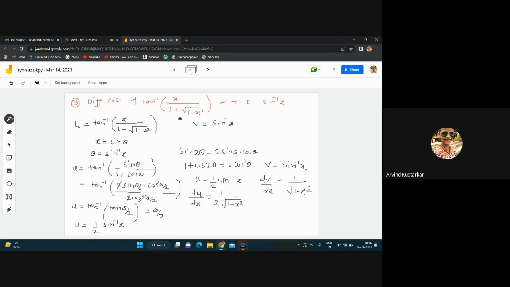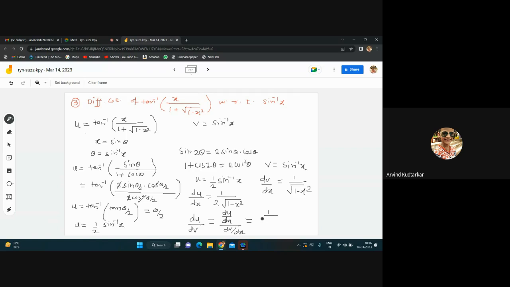But from that example, differentiating u with respect to v means du by dv. And what is du by dv? Nothing but du by dx upon dv by dx. So du by dx is half times 1 by root of 1 minus x square, divided by 1 by root of 1 minus x square.